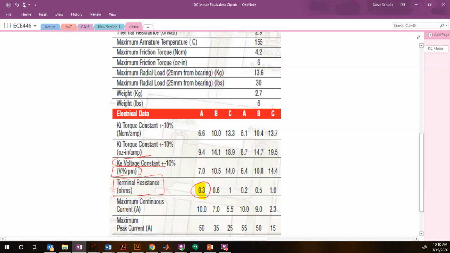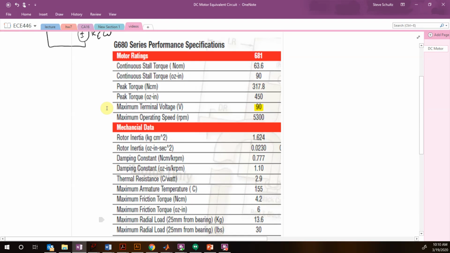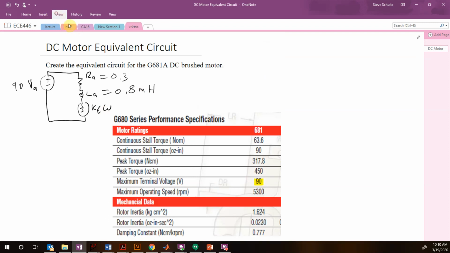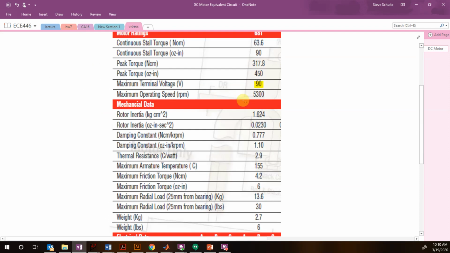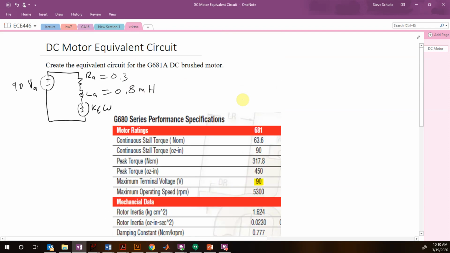We typically want it in units of volts per radians per second, but we can grab, this is 7 right here, so we're going to have to do some unit conversions. So let's look at our unit conversions. So we had, what was that number? 7. So we have 7 volts per kilo RPM.